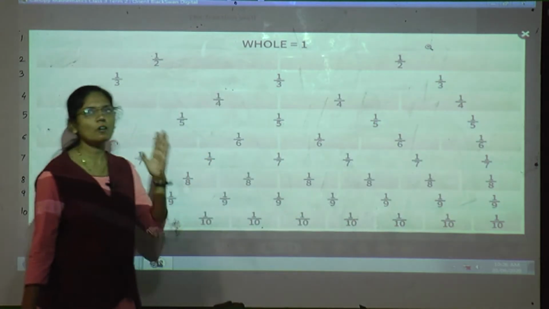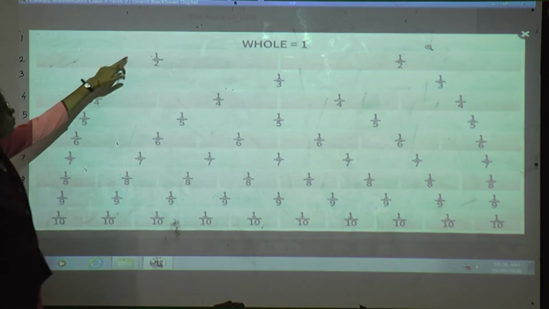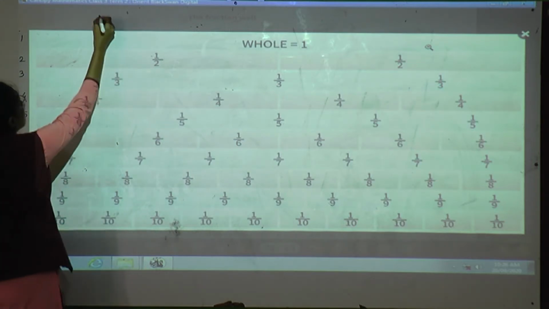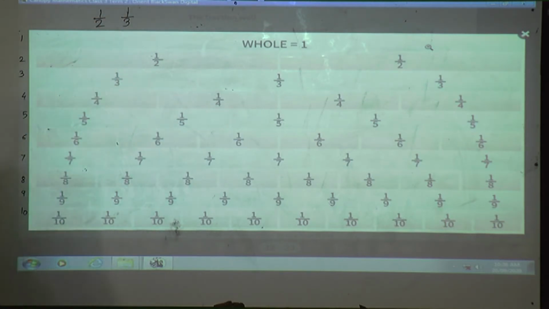So the fraction of each part is 1 by 10. Clear? Now here one more thing I want to tell. If you see the fractions 1 by 2 and 1 by 3, here I write 1 by 2 and 1 by 3.